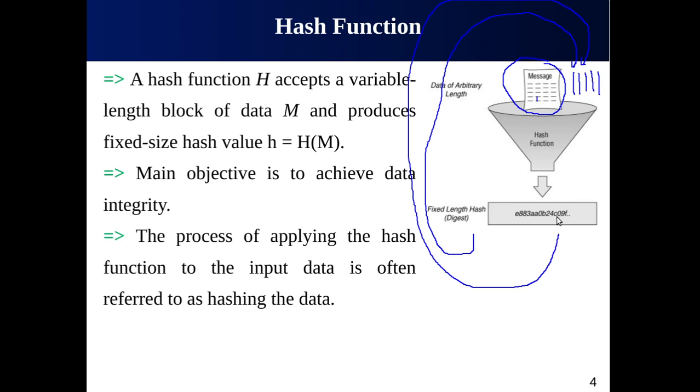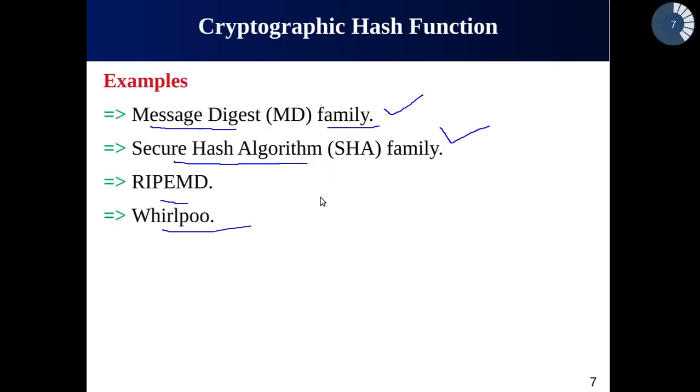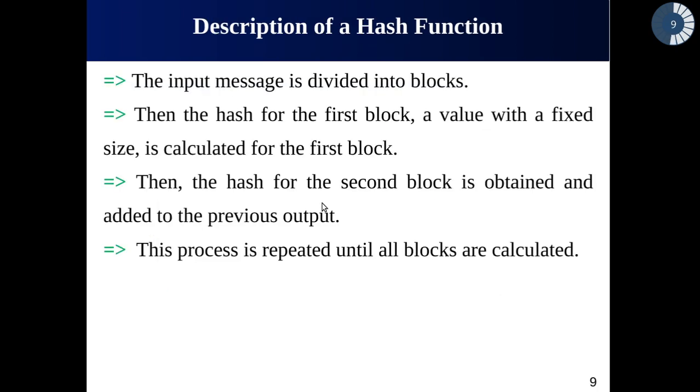The output of the previous step is provided as an input to the next step. Okay, so it is like linkages. They are linked with one another to achieve a more secure hash function. And this process is repeated until all the blocks have been passed through the hash function.